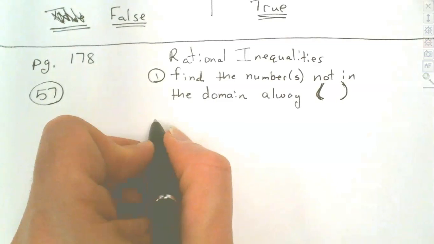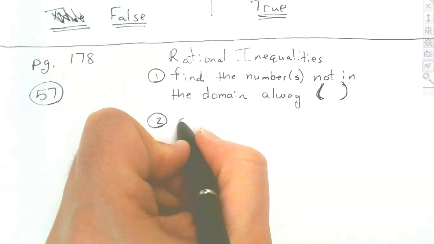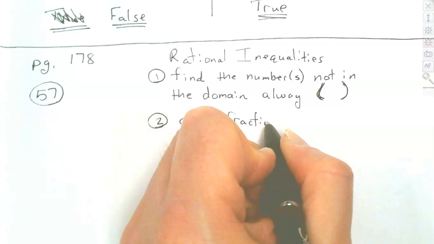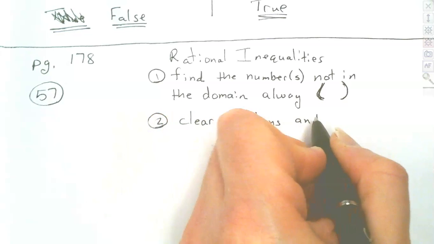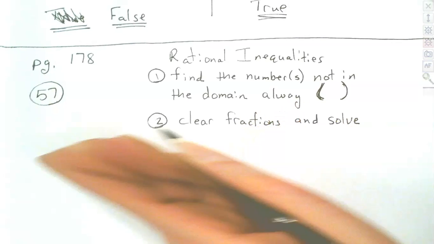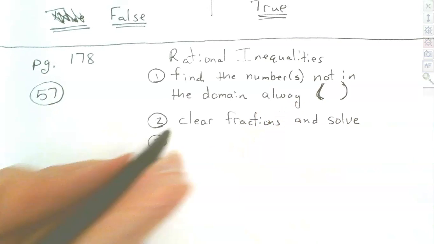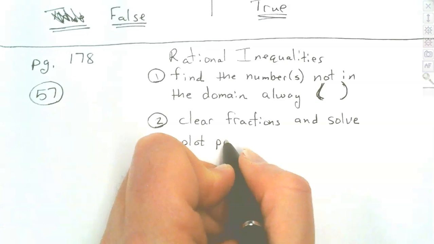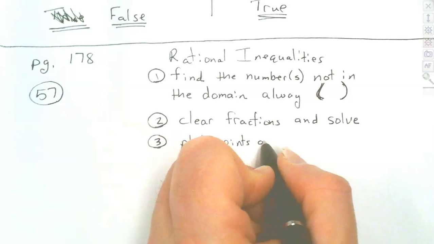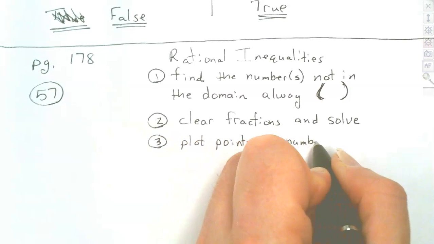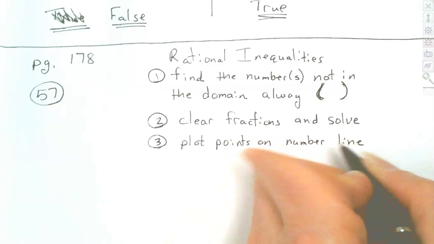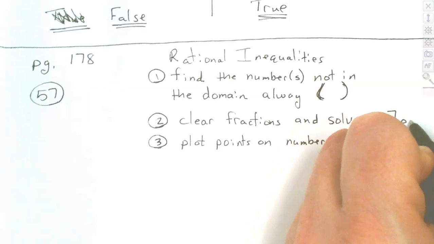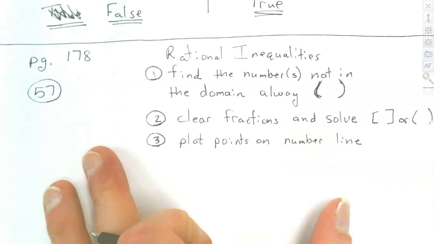Step number 2 is we clear our fractions and solve. Step number 3 is we plot our points on the number line. Now for step 2, they can either have brackets or they can have parentheses, and that's going to depend upon the problem itself.